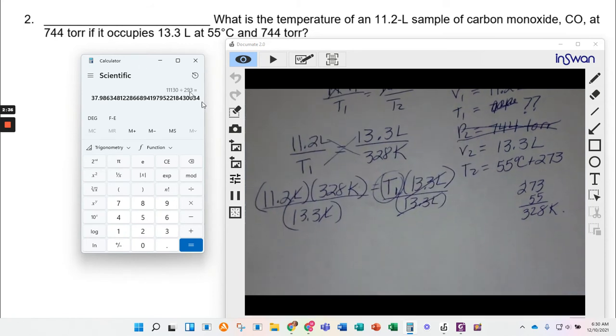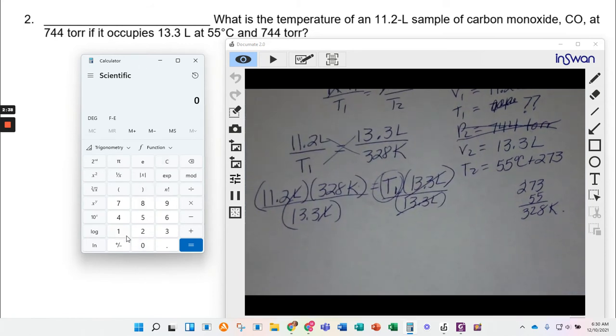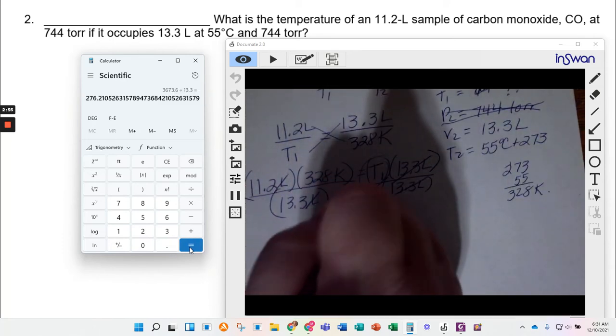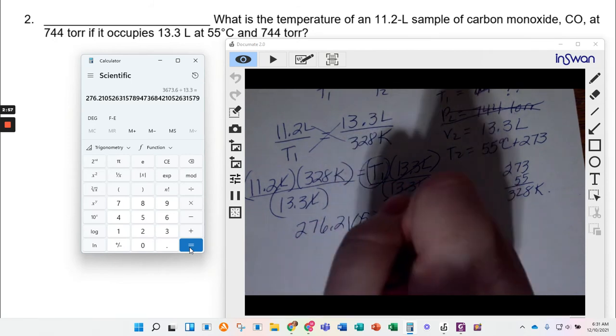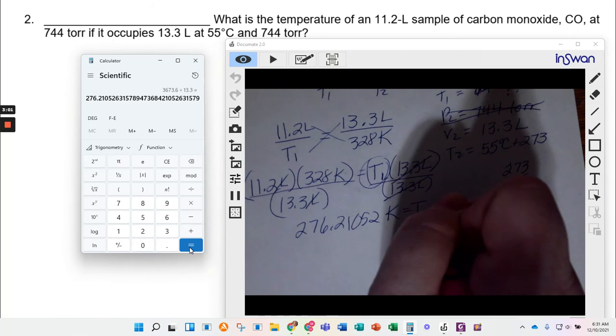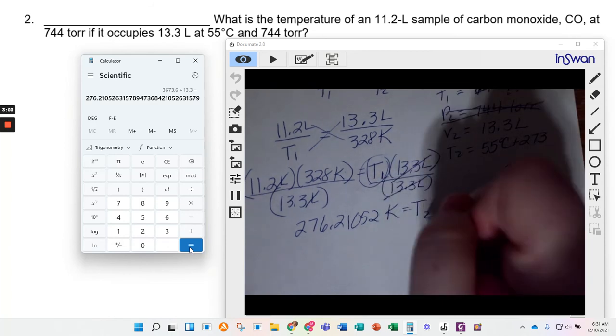So now in the calculator, let's do that. 11.2 times 328 divided by 13.3 equals 276.21052. Okay, I'll stop there. I know I don't need more digits than that. So T1.